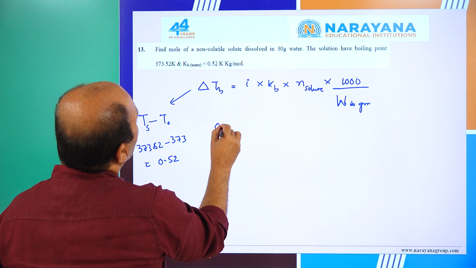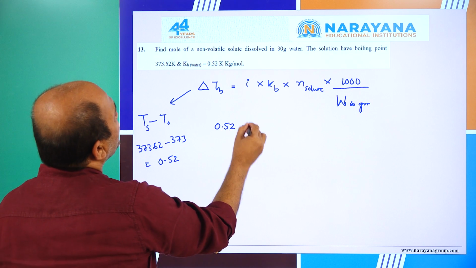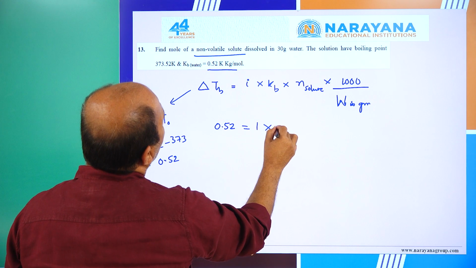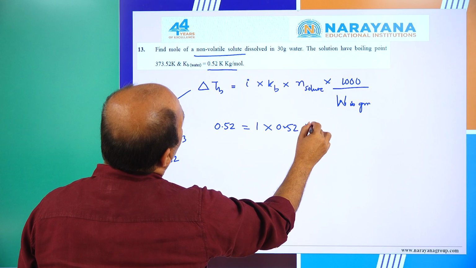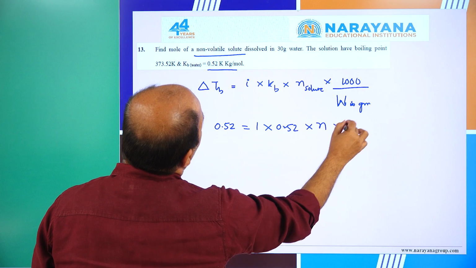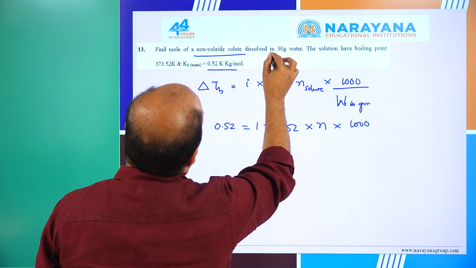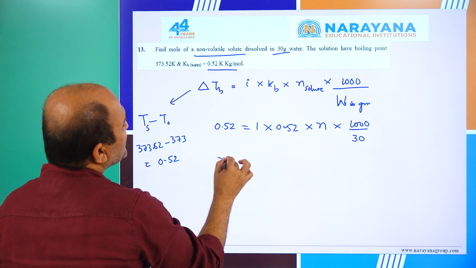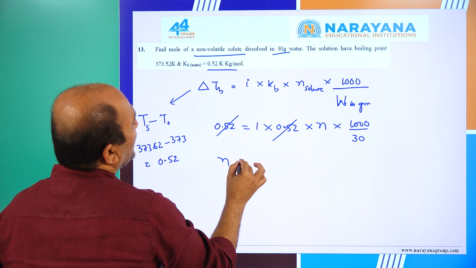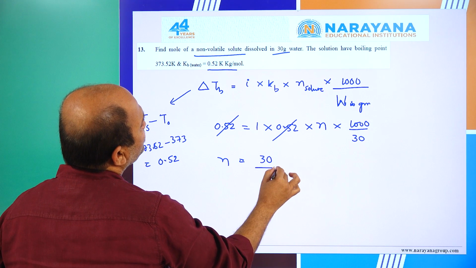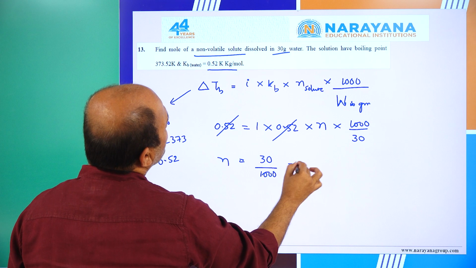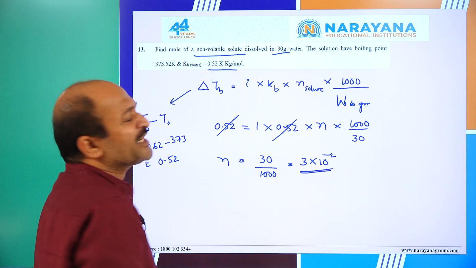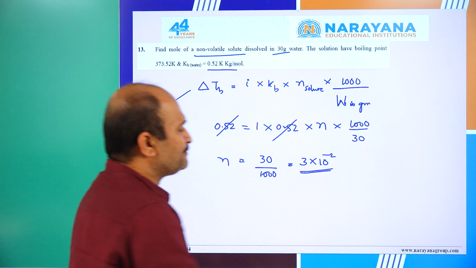So delta Tb is taken as 0.52 and i, it is a non-volatile solute, so it will be 1 and Kb value they gave as 0.52 and number of moles of solute is to be calculated into 1000 by weight of water, which in this question is given as 30 grams. So small n is equal to, on cancellation, 30 by 1000, that is equal to 3 into 10 to the power of minus 2. This is the answer for this numerical question. Then go for the next question.